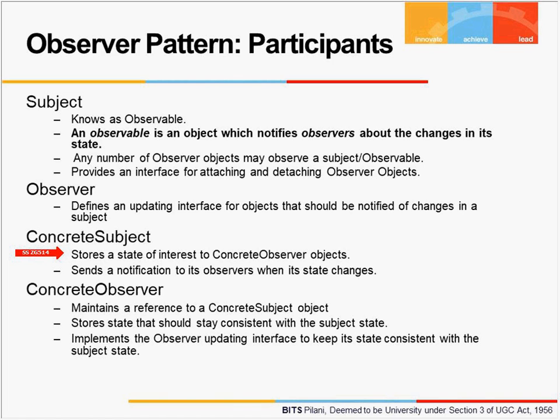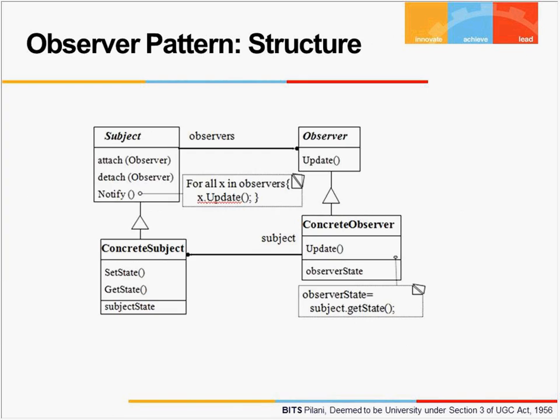Additionally, it sends a notification to its observers when its state changes. So it has an implementation for the other methods that are there, right? So this is my concrete subject. It has a state, and additionally it will have set state and get state methods for the subject state, and it will provide implementation for the attach, detach, and notify methods, right?